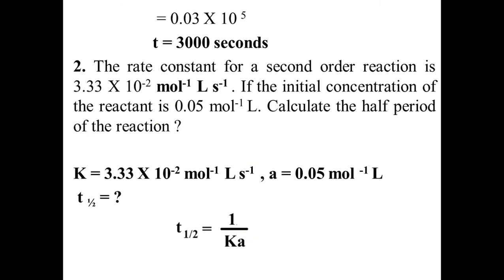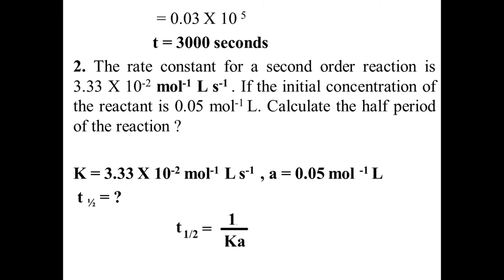Next, the next problem: the rate constant for a second order reaction is 3.33 into 10 to the power of minus 2 mole inverse liter second inverse. If the initial concentration of the reactant is 0.05 mole per liter, calculate the half-life period of the reaction.